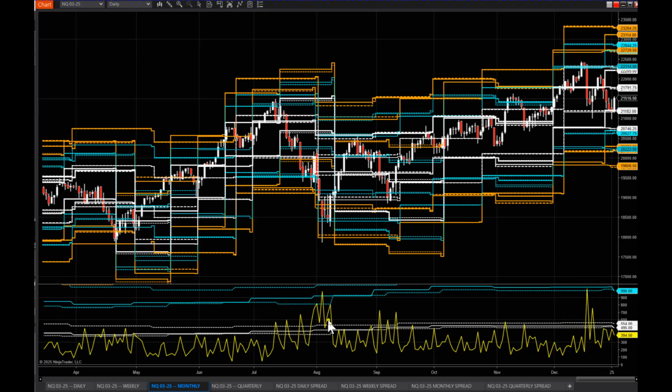Same for here. You see how wide the bars got because we were above these statistical levels that the market likes to stay in. So if you're below the 1s on the monthly, your nice little bars, and you don't have to worry about swinging for the fences or anything like that.